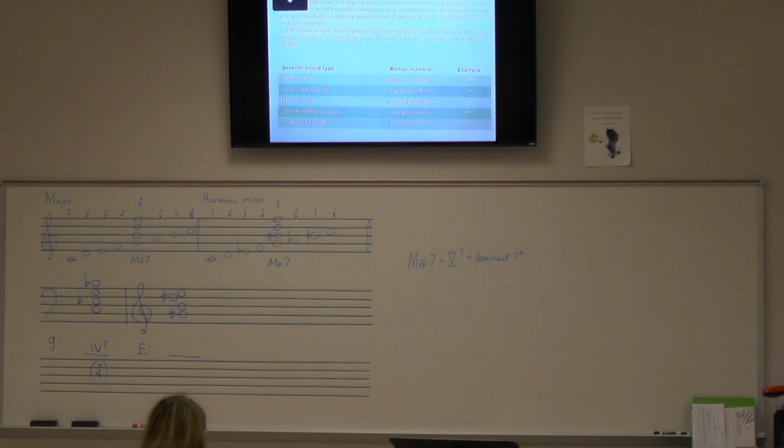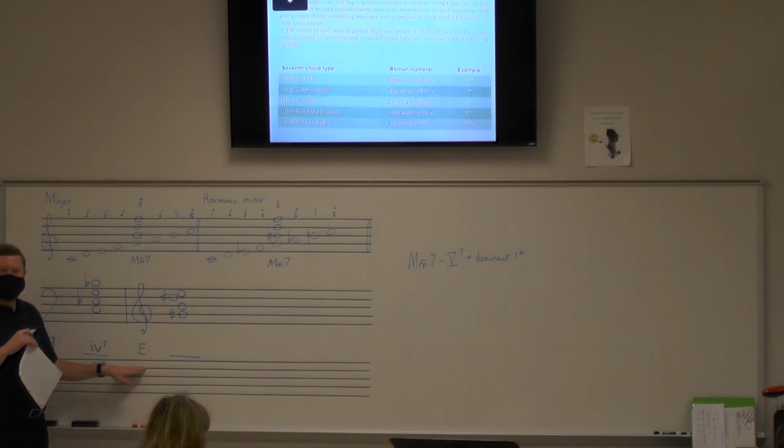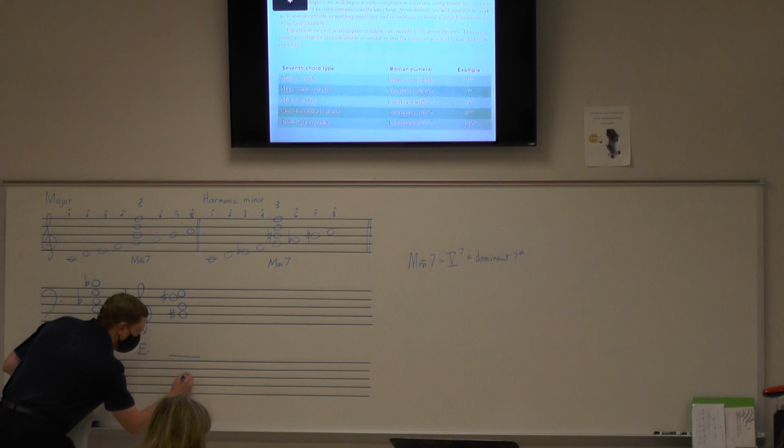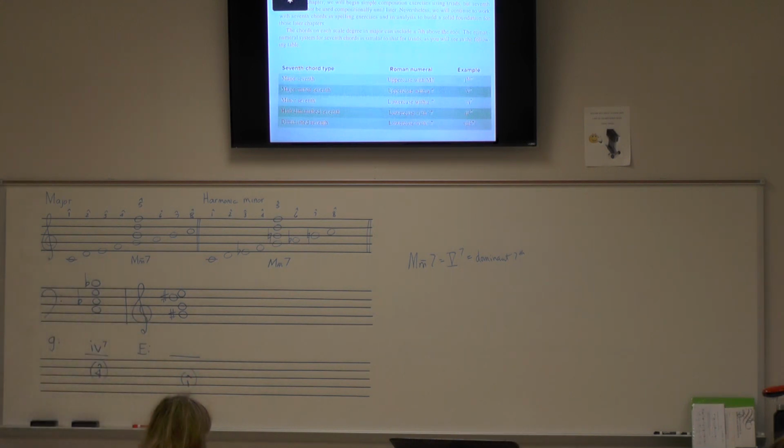The higher of the two notes that form a second, which is E. So E is the root. What scale degree is E in the key of E? 1. That's right. So I'm going to end up writing a Roman numeral 1.